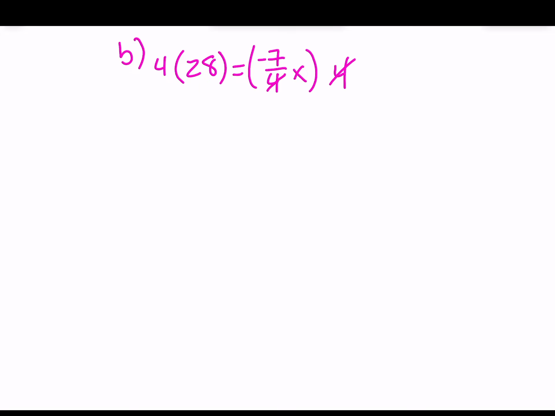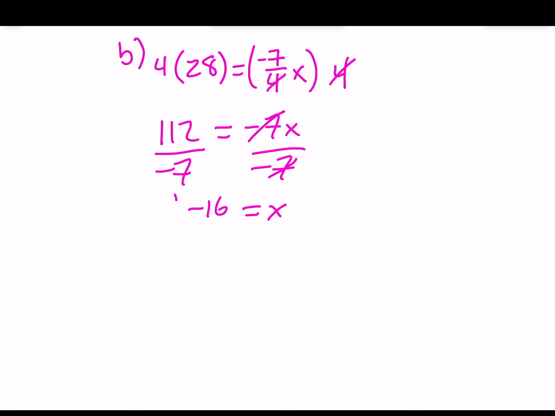So the 4's will cancel on the right-hand side, and we get 4 times 28, which is 112, and that will equal negative 7x. Then we can divide by negative 7 on both sides to get rid of the negative 7 with x. The negative 7's cancel, and we get x is equal to 112 divided by negative 7, which is negative 16.